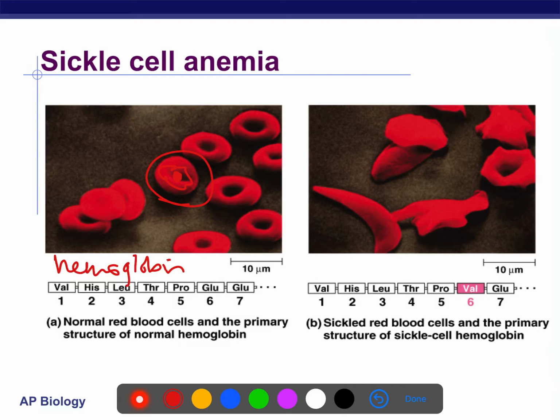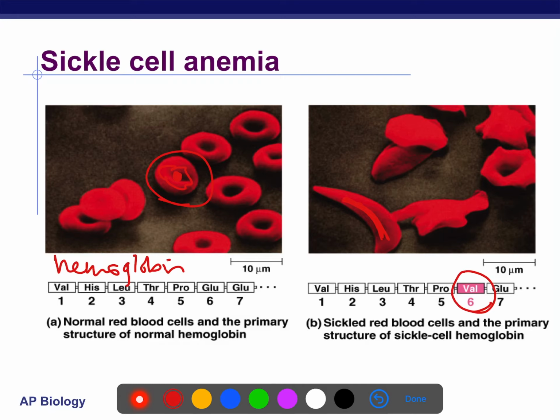In people with sickle cell anemia, they have a change in one single amino acid. And what that one single amino acid does is it makes it so that hemoglobin no longer has that nice round structure to hold oxygen in, and it makes these red blood cells sickle, or take on that crescent moon shape.